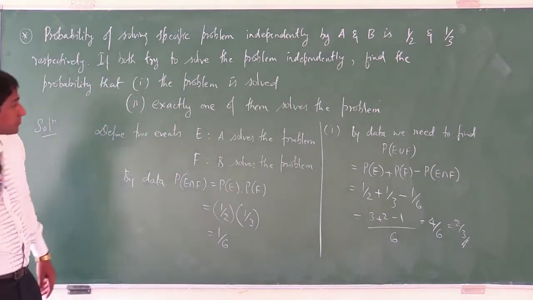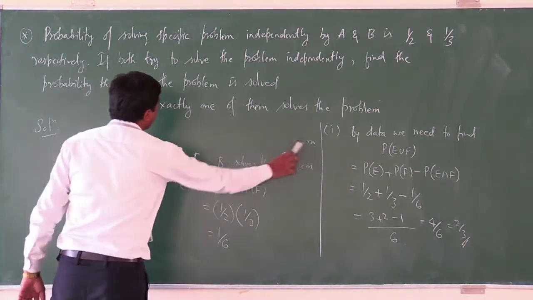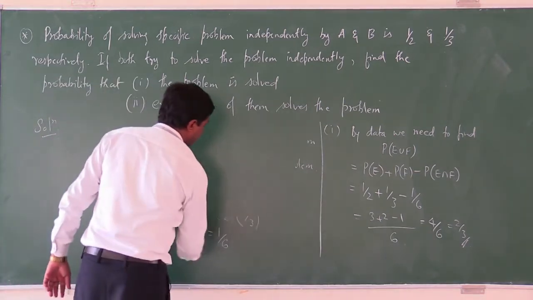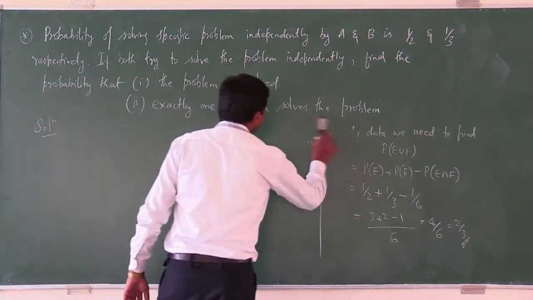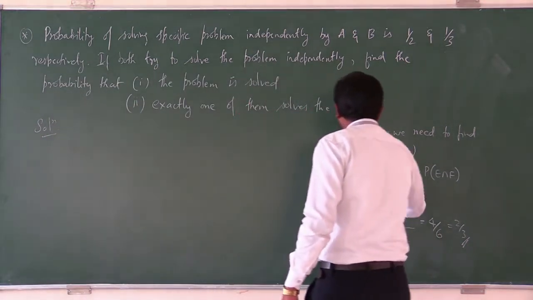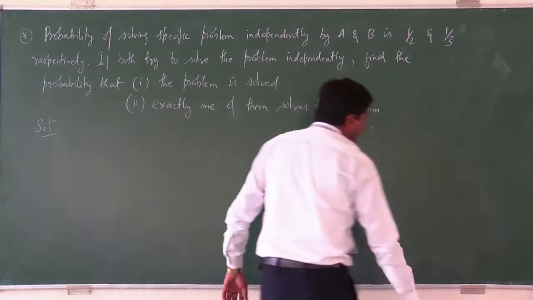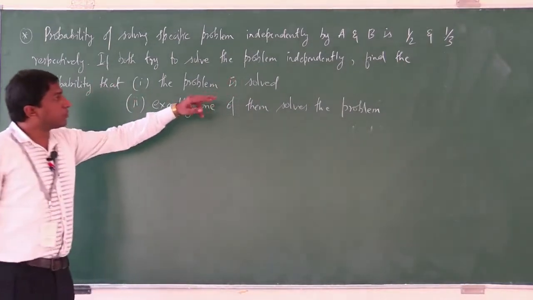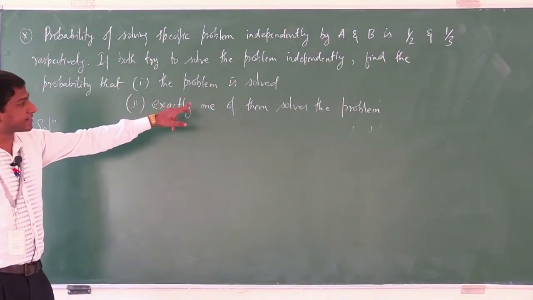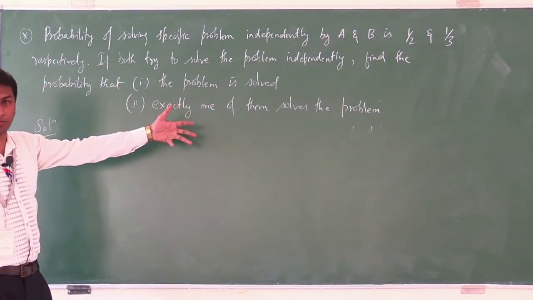Moving on, we have sub-question number 2. Sub-question number 2 is asking us to find out the probability that exactly one of them solves the problem.